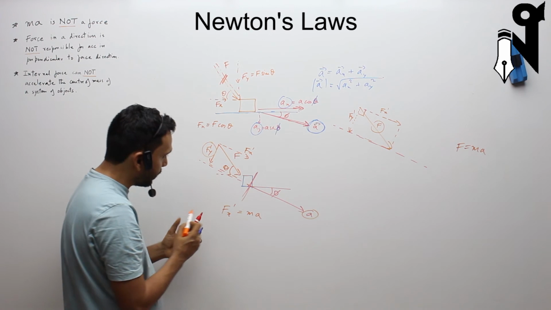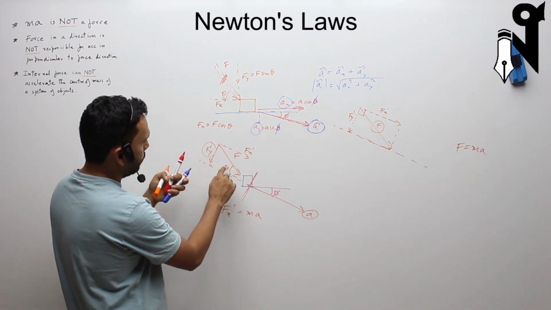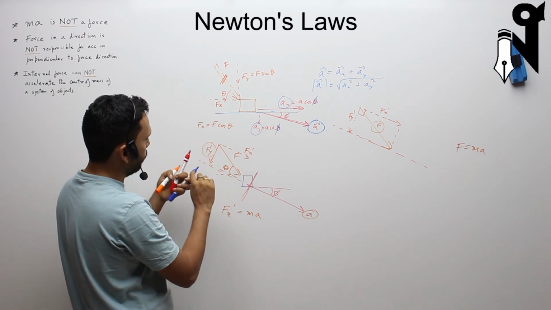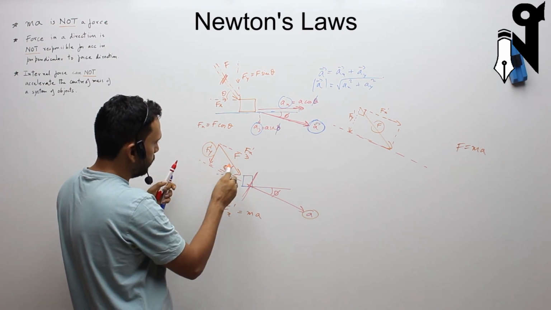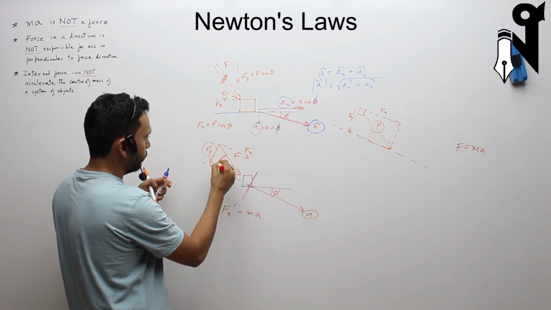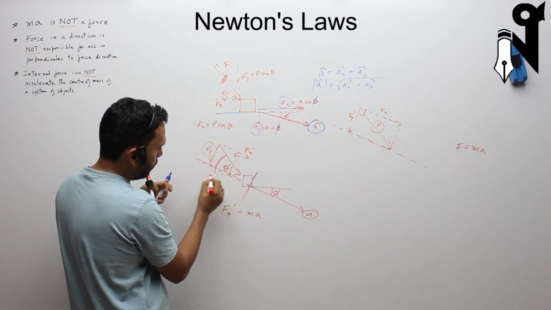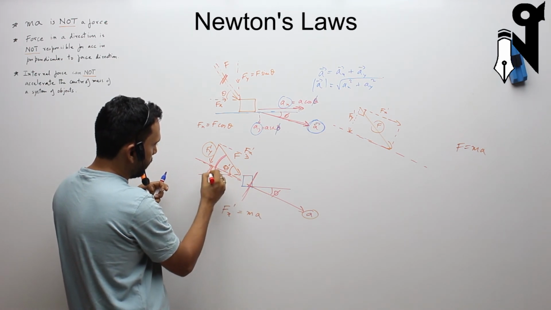Now how to get that fx dash? To get that, we'll have to find this angle. This angle is not theta now, by the way, I'll call it theta dash. Your theta was this much. That was your theta. So over here, this is your phi. This is your vertically opposite angle, this one.